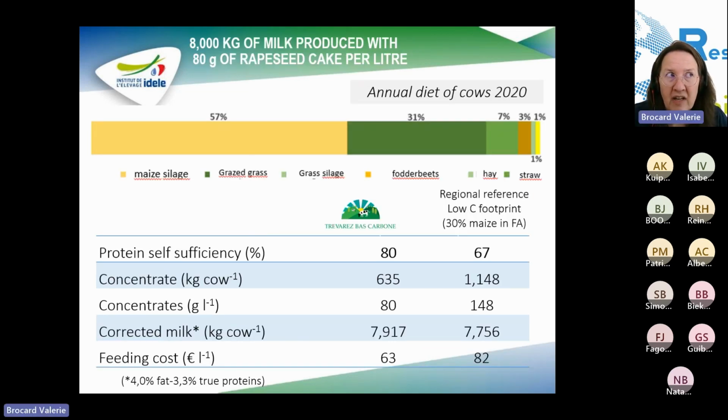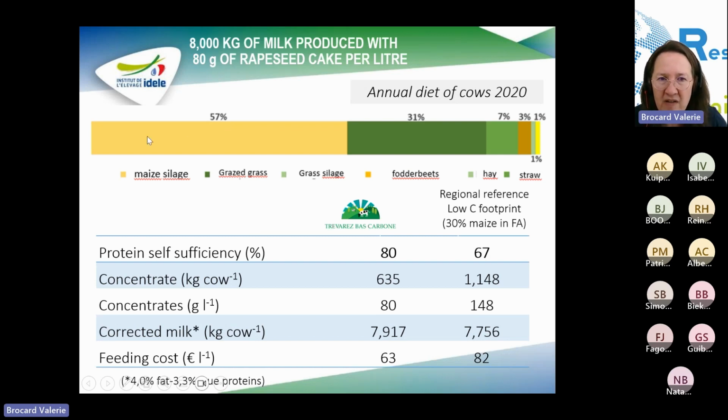As I said, the target was not only to decrease the carbon footprint, but also to have a consistent system and to measure all the data that are important for the farmers to prove that our system is also profitable. Here you can see the average diets of the dairy cows of our system.